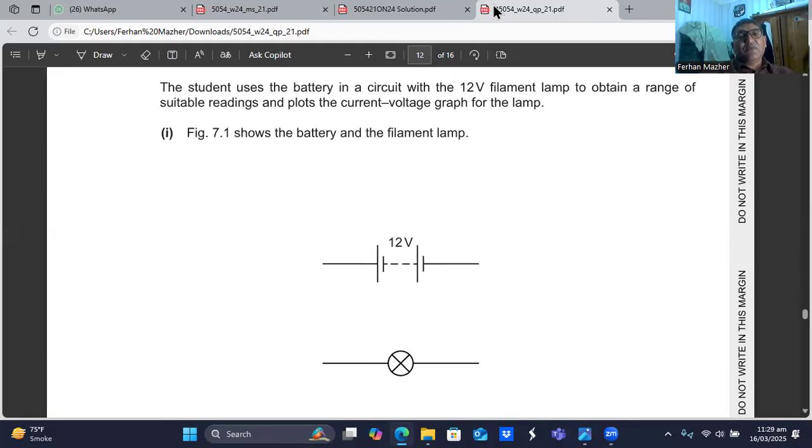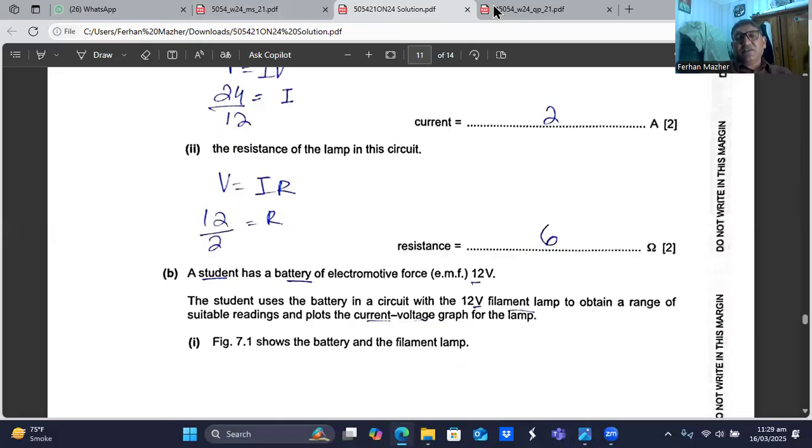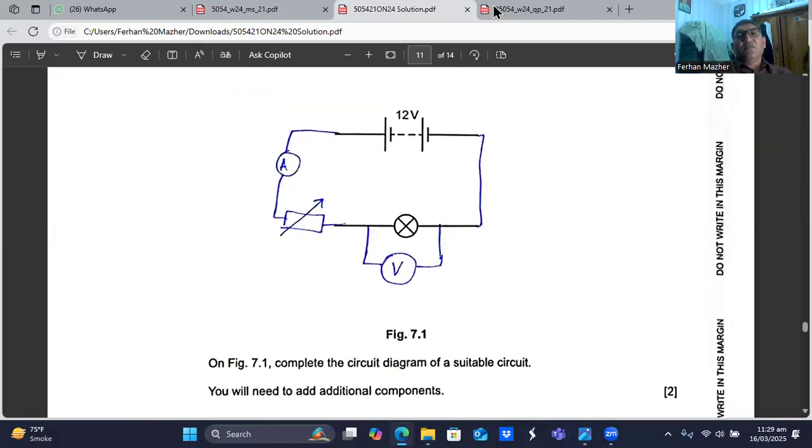You will need to add additional apparatus. You can connect a variable resistor, and an ammeter, which is in series with the lamp, and a voltmeter. The voltmeter is always parallel to the appliance across which you want to find the voltage drop, so the voltmeter will be parallel to the lamp.